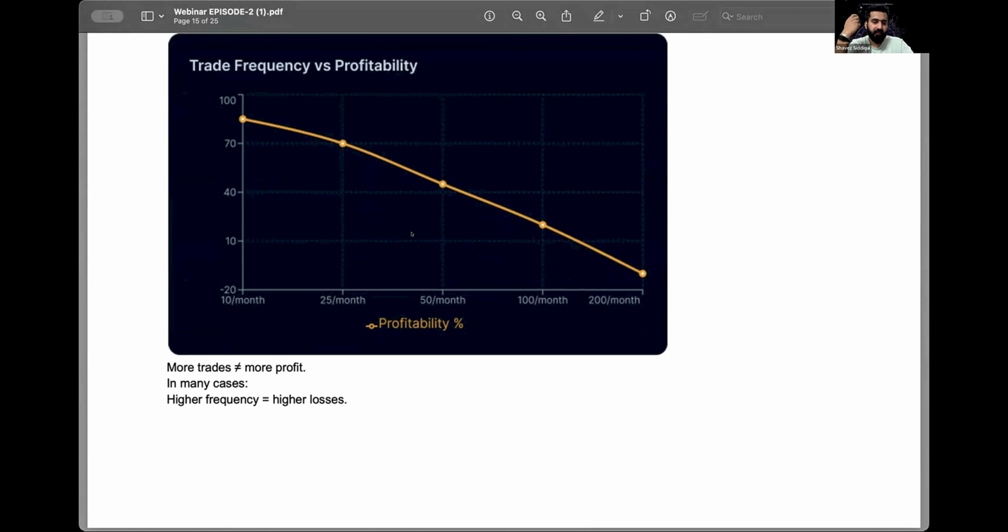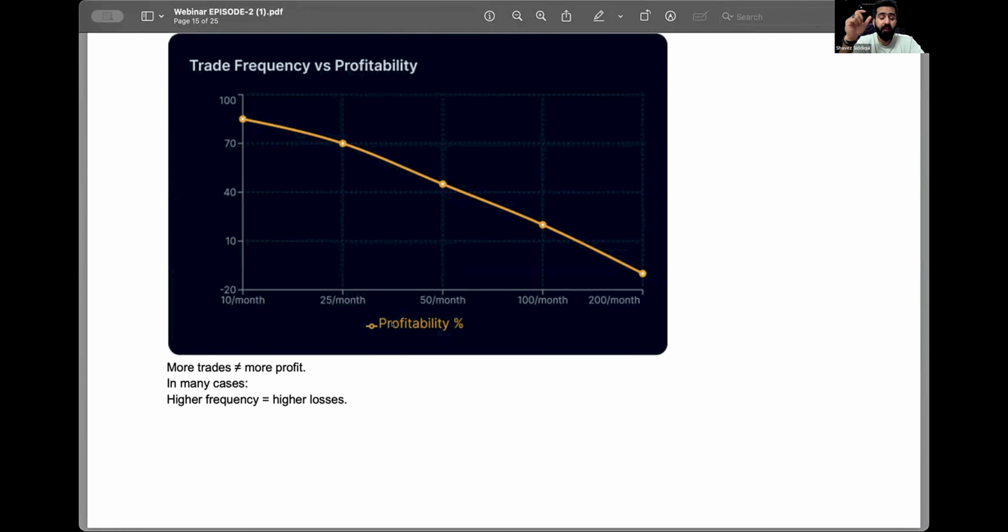Then there is the overtrading problem with retail traders, something which is absolutely not there in professional traders. Retail traders think more trades means more profit, and they also think a higher frequency of trades means higher profits. But this is not the case. The more trades you execute, the more likely you are to face more losses, because your ability to measure the risk is missing.